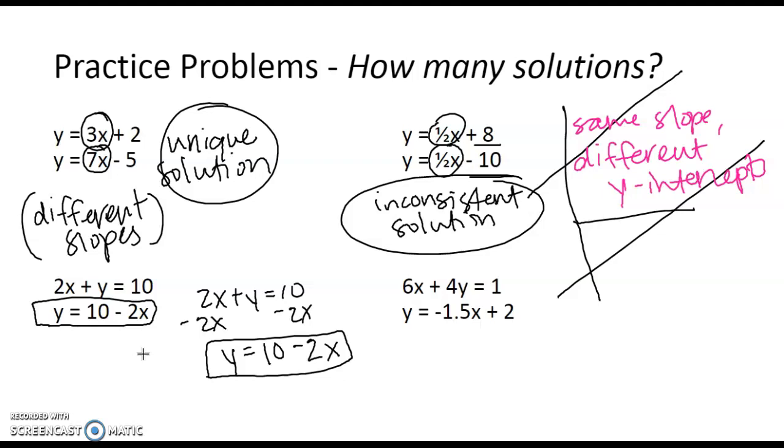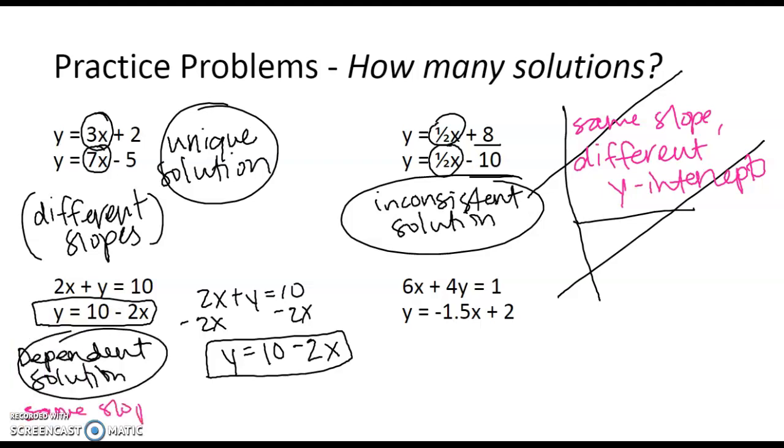I have the same slope of -2 and the same y-intercept of 10. So this tells me that I'm going to have dependent solutions, or infinitely many solutions, because I have the same slope and y-intercept, so my equations are the same. So this would just be the same line.